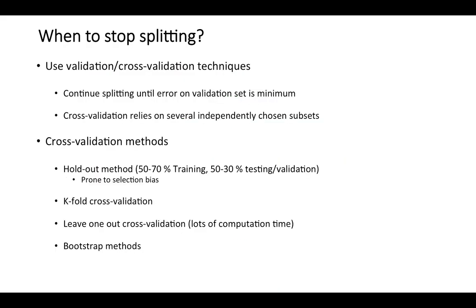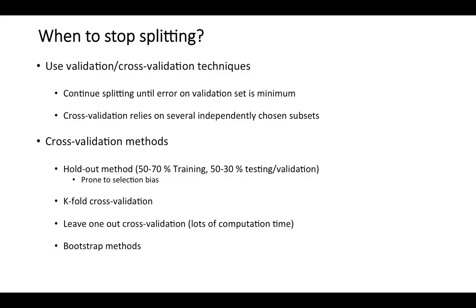So there are other methods to stop splitting. One is using validation methods, right? You can use cross validation and validation methods. So you continue to split until the error on the validation set is minimum. You always have the held-out set and you can check how it does in the validation, right? And cross validation relies on several independently chosen subsets, right? So you can choose several independently chosen subsets and use that.